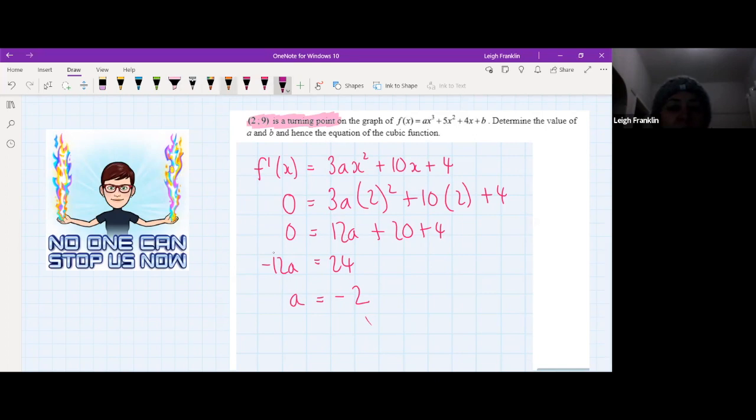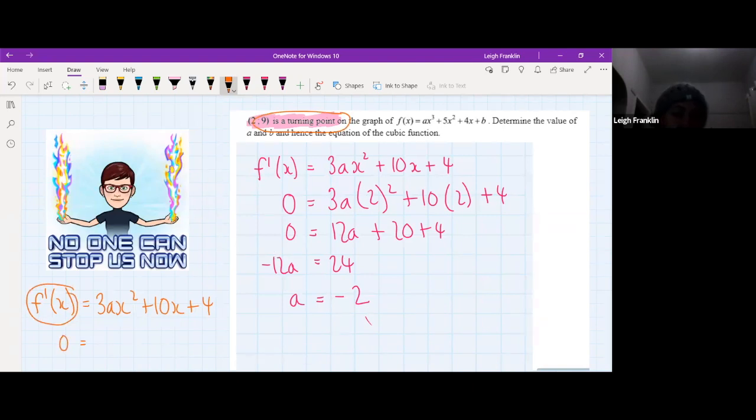We're going to take the first derivative, so f prime x, and we end up with 3ax squared plus 10x plus 4. At this turning point, the gradient is 0, so that's why I'm replacing the gradient with 0.